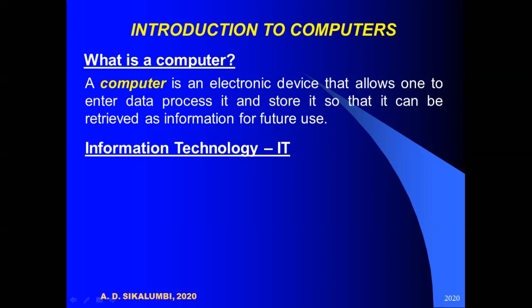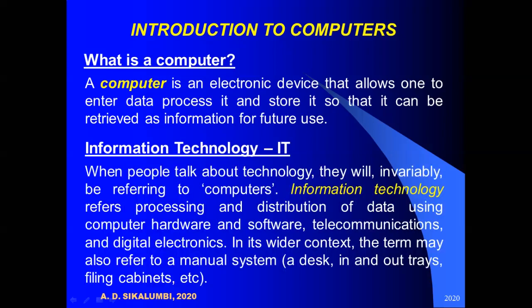When you say information technology, you're talking about information and the system. When people talk about technology, they will invariably refer to computers. Information technology refers to the processing and distribution of data using computer hardware and software. The last presentation looked at the difference between the two. Computer hardware are the physical components of the computer that we can touch, manipulate, and work on, while software is intangible in nature, however it enhances the processing of information.